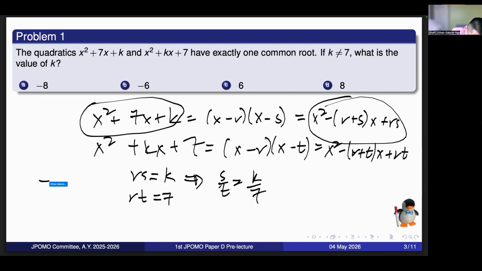Next, we will get r plus s equals negative 7. Why is that so? This is because negative of r plus s is equal to 7. So if we have r plus s, that will give negative 7. Wait a minute. Similarly, for r plus t, we get negative k.